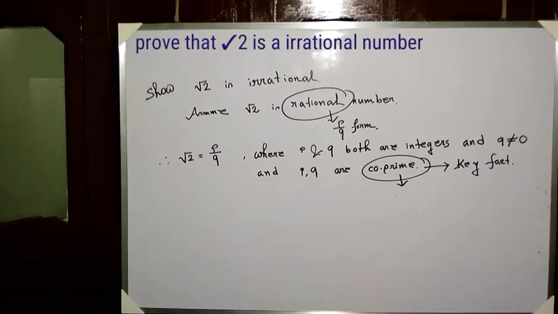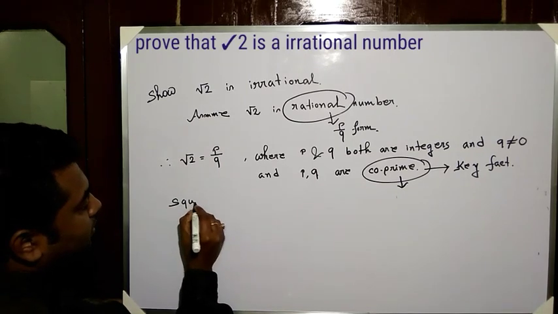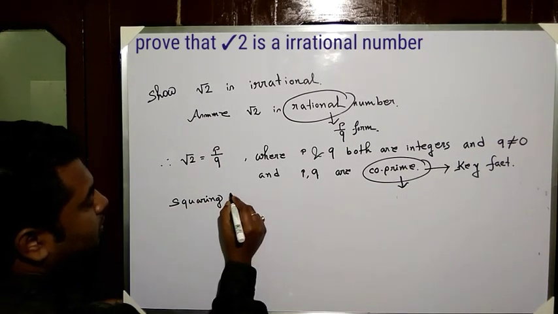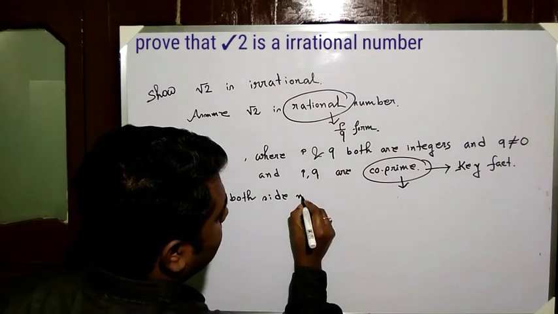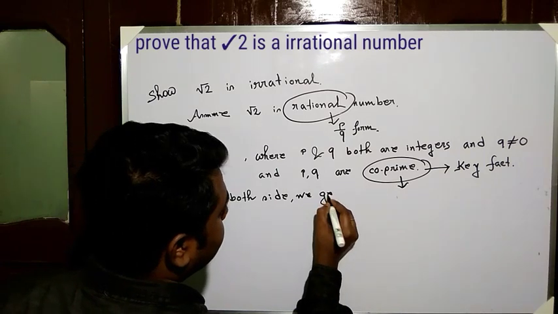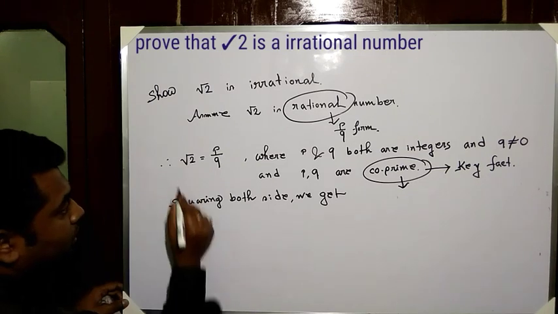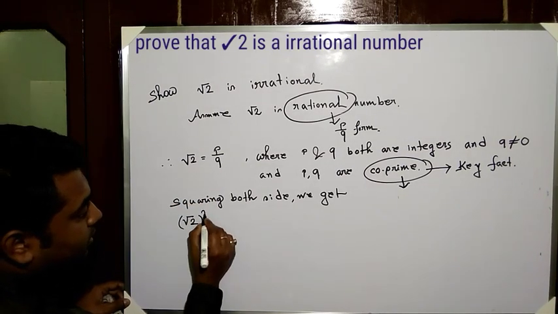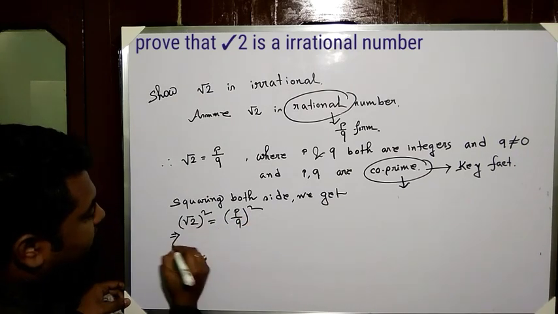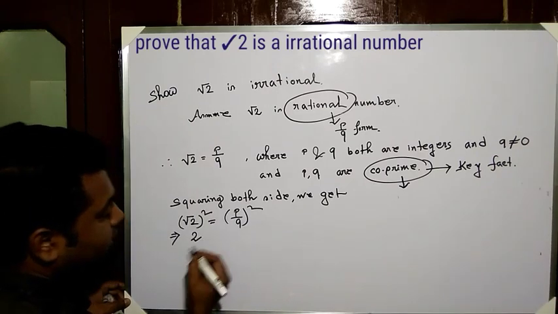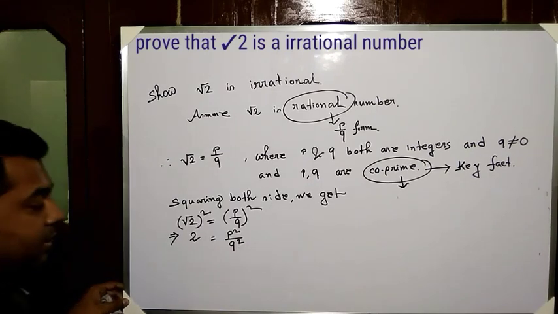Okay, now squaring both sides. We get root 2 whole square equals p by q whole square, which implies root 2 square, what you know, that is only 2, equals p square by q square.